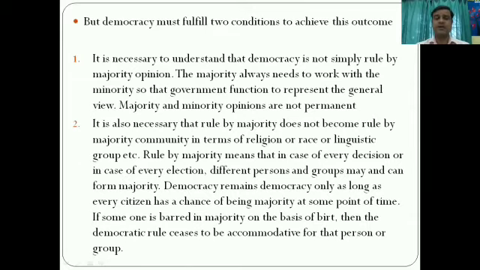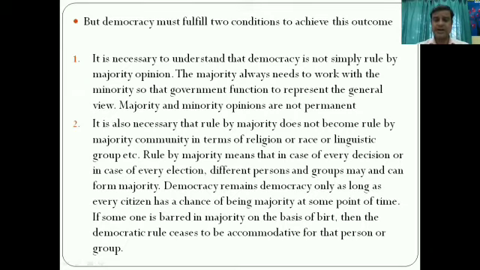Second point: it is also necessary that rule by the majority does not become rule by the majority community in terms of religion, race or linguistic group. Rule by the majority means that in every decision or every election, different persons and groups may and can form the majority.